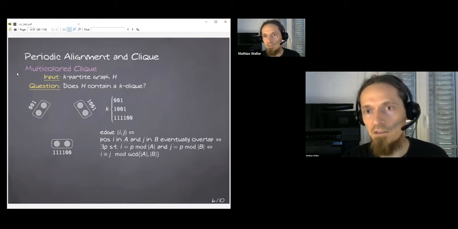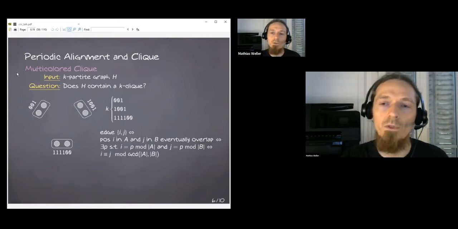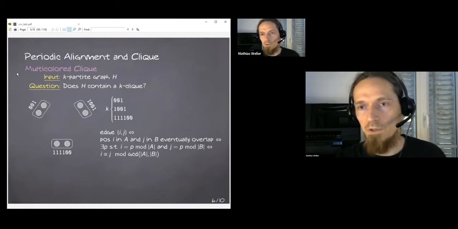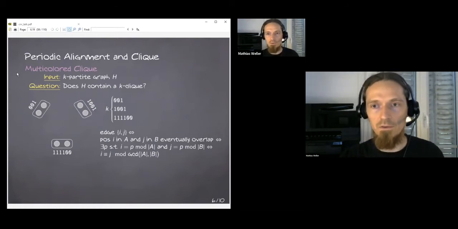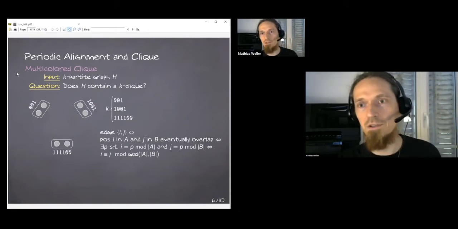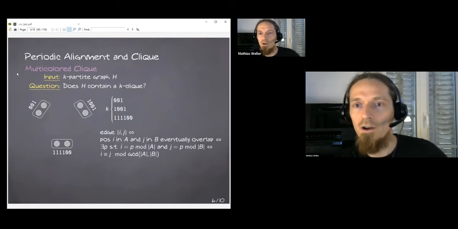And that is exactly the case if and only if i and j are congruent modulo the greatest common divisor of the lengths of sequence A and sequence B. This is some kind of number theoretic magic with the Chinese remainder theorem involved and so forth. But this works.